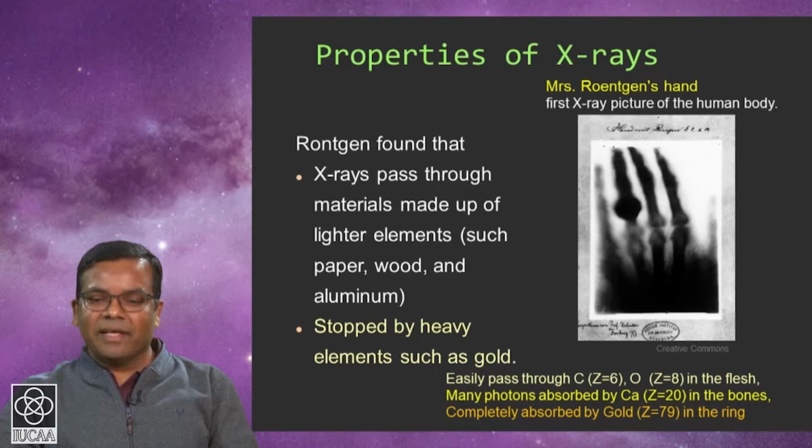In this picture, you clearly see the bones and the gold ring. This demonstrates that X-rays pass easily through lighter elements such as carbon and oxygen in the flesh, while many X-ray photons are absorbed by calcium in the bones, while X-rays are completely absorbed by the gold ring, which is a heavy element.